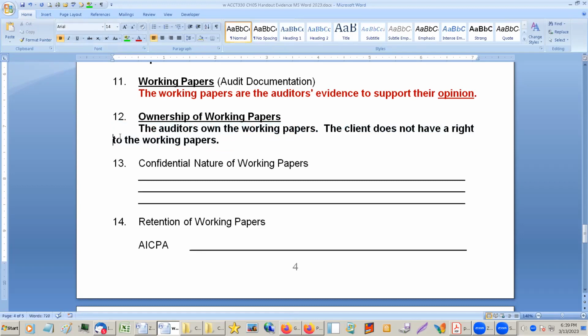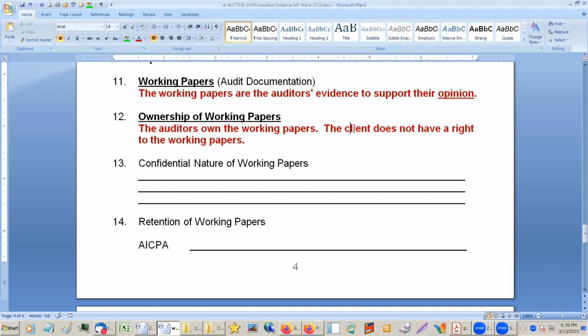And part of the reason for that is that people say, well, gee, I paid for this audit, we're paying all this money for this audit, I want to see the working papers. Well, you can't. It's the auditor's evidence. You might give information, like if there's a misstatement of an account, you'll get the information to the client that they need to make the correction.